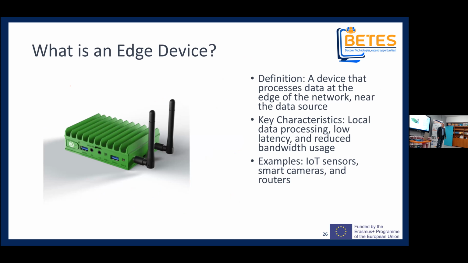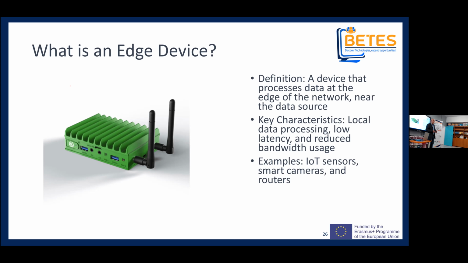Another very important thing is edge devices. Until 5 years ago, nobody knew what edge was. An edge device is a device that we can use to process data before they are uploaded to the cloud, before they are uploaded to the internet. Imagine that we have hundreds of sensors in our house, and we have to upload all this data to the cloud.